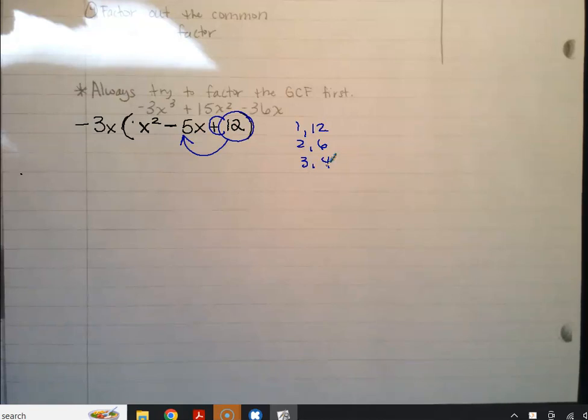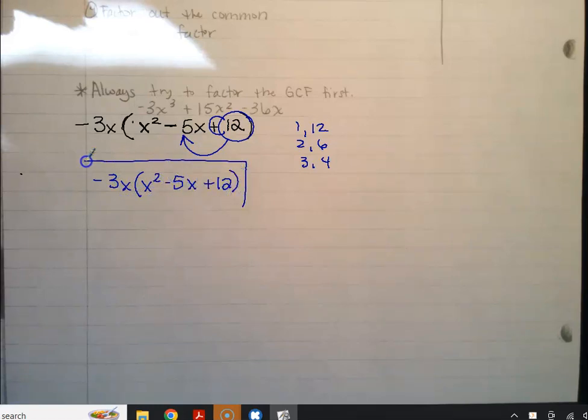So then this is it: negative 3x times x squared minus 5x plus 12 is the answer. Would we have gotten the same thing if we had taken out 3x instead of negative 3x? Either way, you would have gotten the same thing.